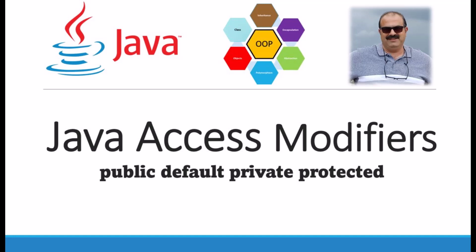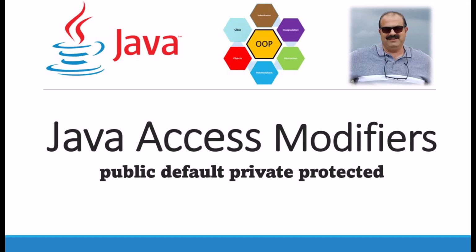How are they different? Public is visible everywhere. Default is visible only inside the package. Private is visible only inside the class. So now you understand what you see when you see public, private, or protected.